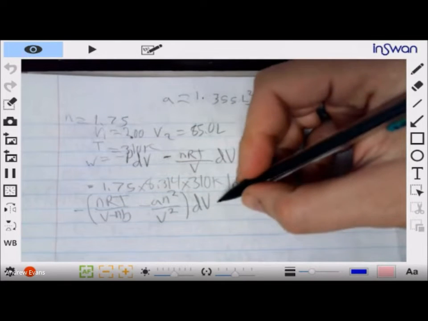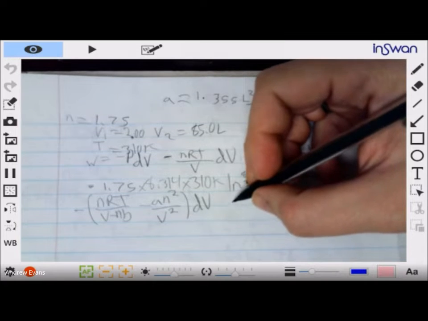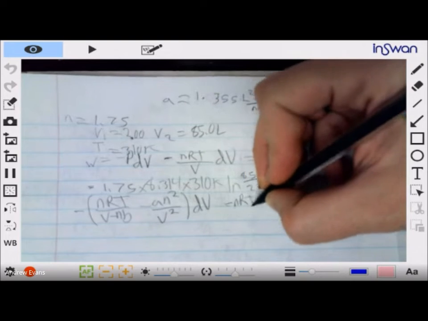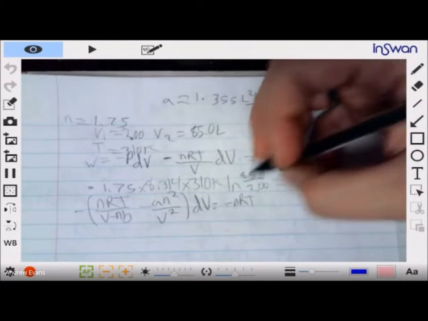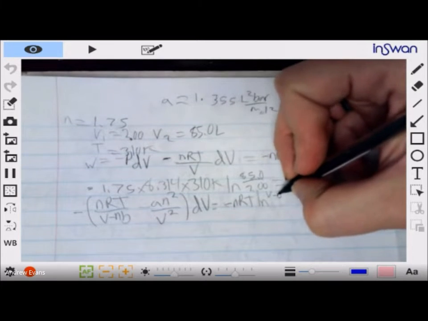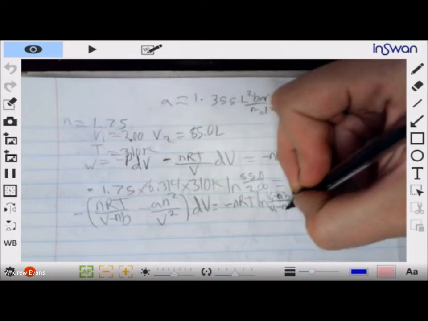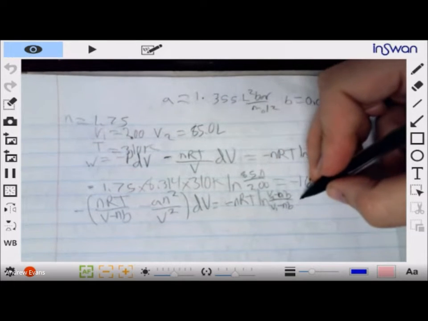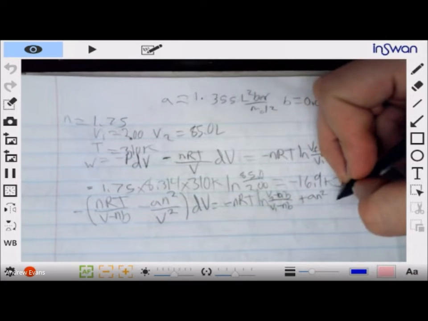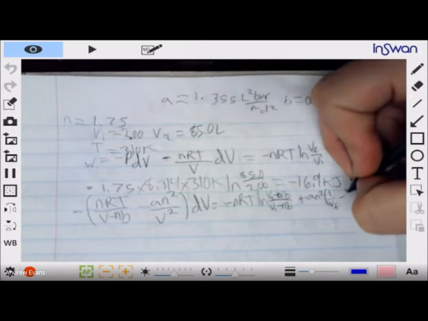And so now, when we integrate that, this is going to go to negative nRT ln of (V2 minus nb) over (V1 minus nb) plus a n squared times (1 over VF minus 1 over VI).